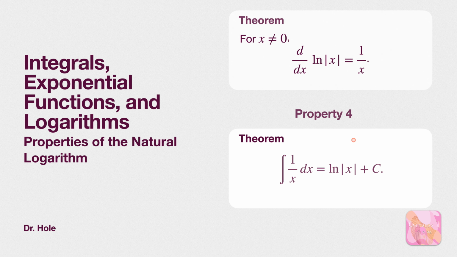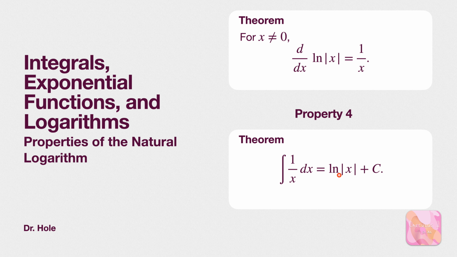Okay, and this property 4 is actually rather important. You want to put a star next to that. We're using it here in property 4, that if we take an indefinite integral with integrand the reciprocal function, then this is not placing any restriction on the inputs x.